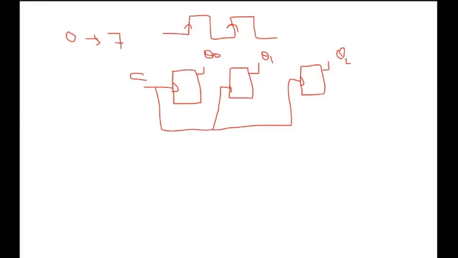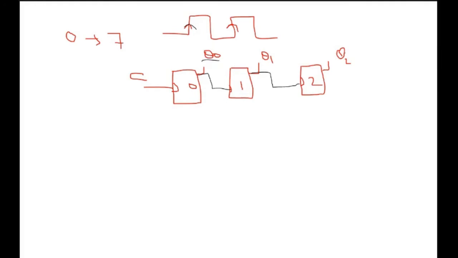Another one is the asynchronous counter, in which we apply the clock only at the first flip-flop, and the output of one stage acts as the clock of the next stage. In this case, whenever the positive edge of the clock comes, there is only a change in Q0.